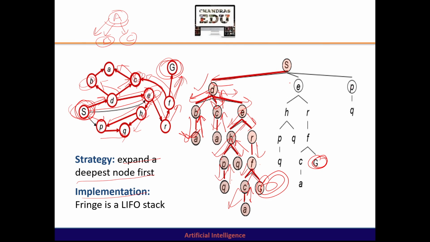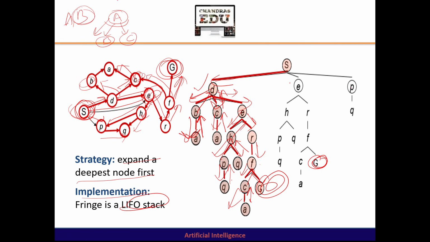So it has stored A as well as B. The stack which we are following is last in, first out. From A, it has come to B. So the last element in this stack is B, so it will be first out.